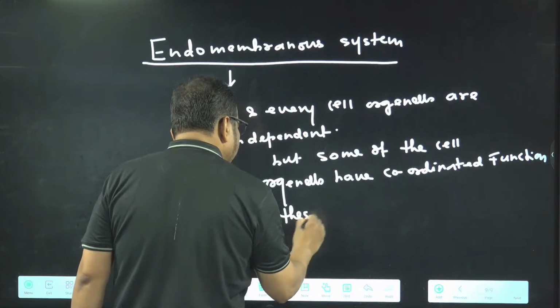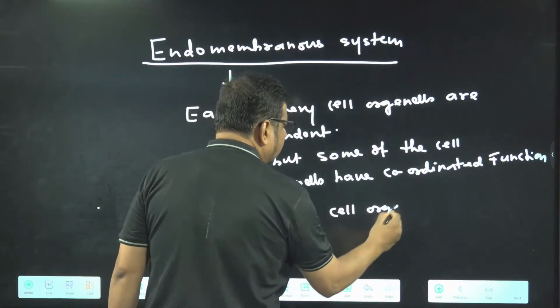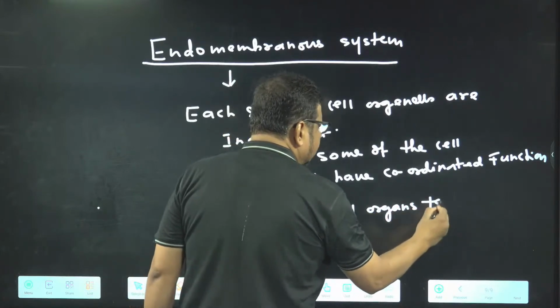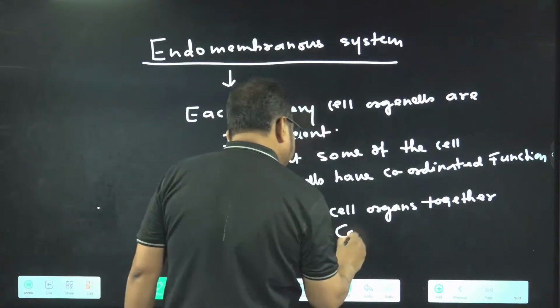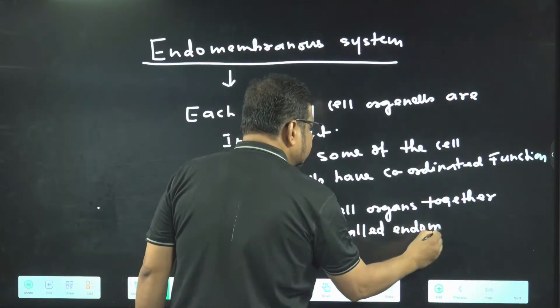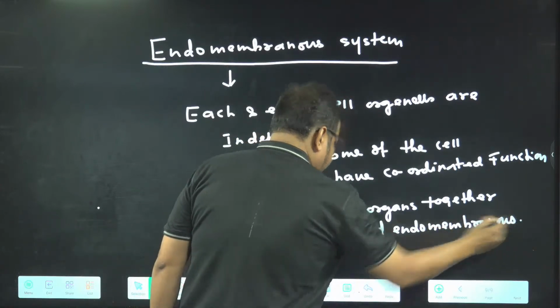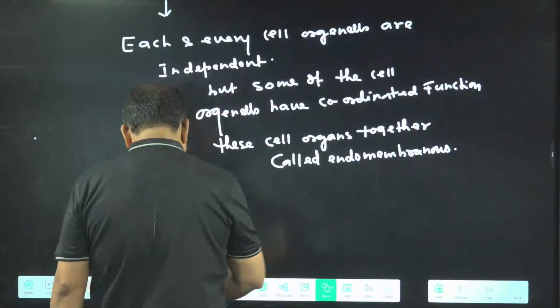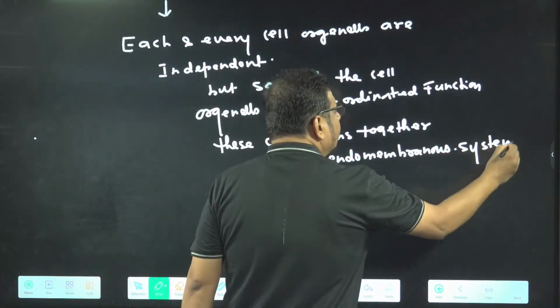These cell organelles together are called the endomembranous system.